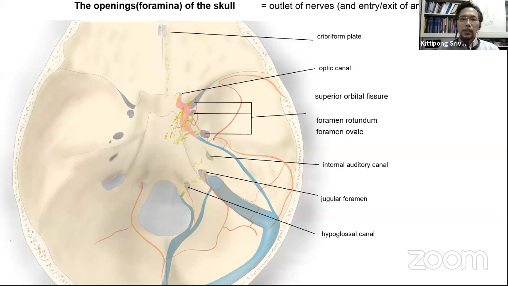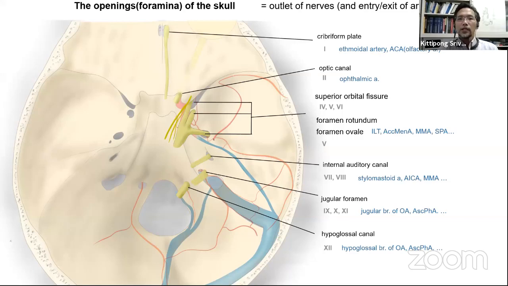So the openings and the nerves, you probably have learned this since medical school, so it's not a big deal. But once you become a neuroendovascular interventionist, you have to know all the vessels or the exceptions in some of the cases, which vessels go through which channel to be able to interpret the images correctly.